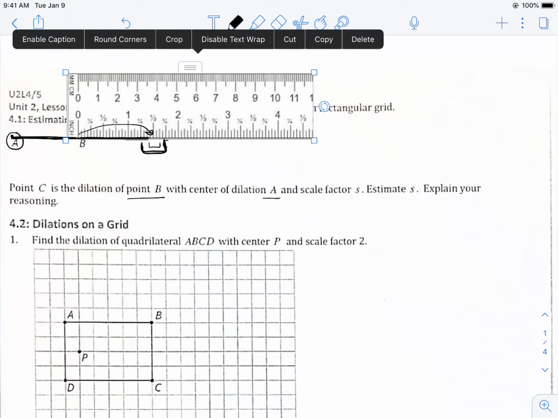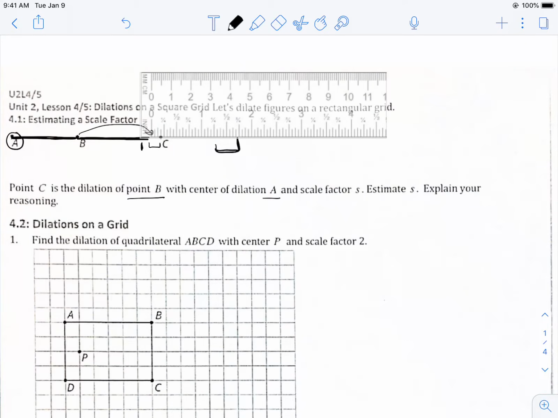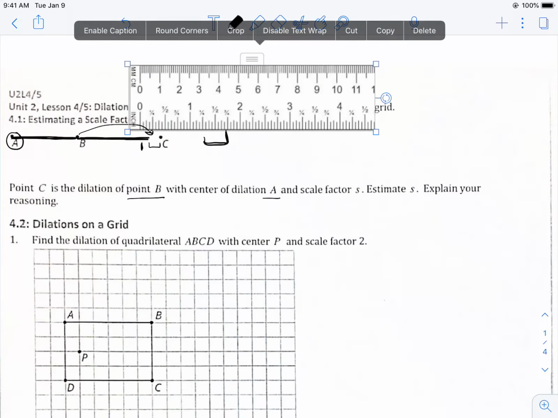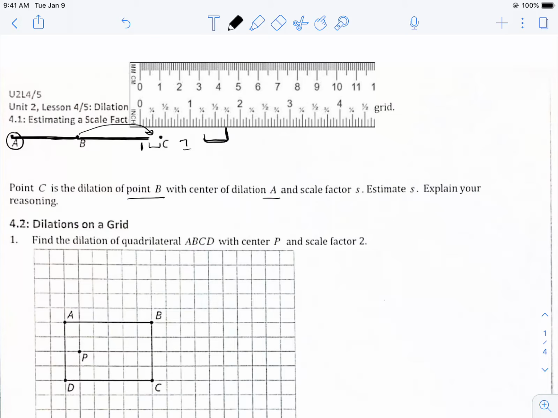So if I wanted to check to see how much that is, I'm about not quite a half, I would say 1, 2, 3, 4, 7, 8... no, not 7/8, 7/16.